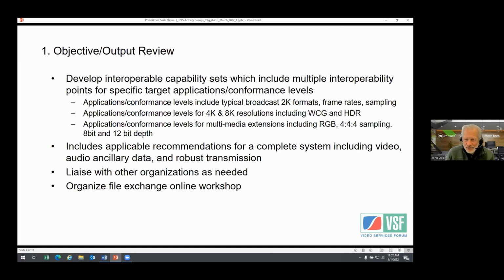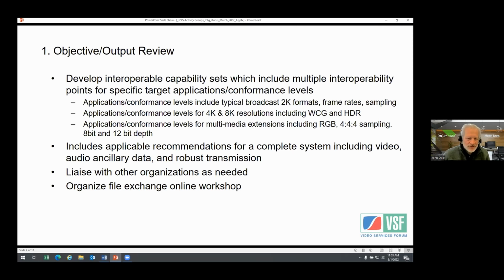And then the last bullet points, we also added some capability sets for multimedia applications, including RGB, 444 sampling, and 8 and 12 bit depth. So a little bit broader than what we've done in the past.